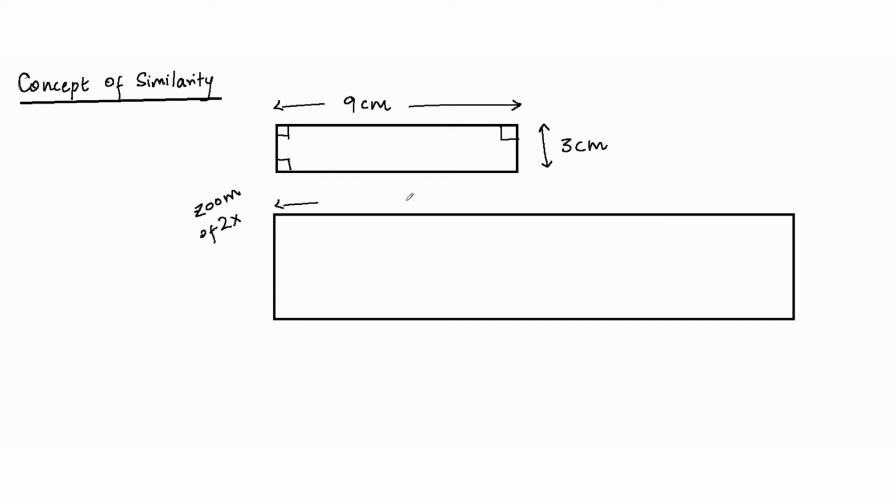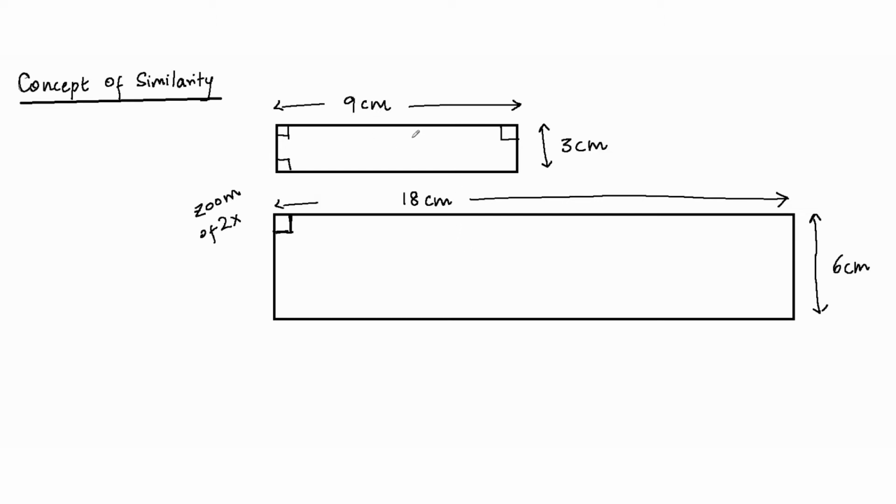That means all the sides are going to be doubled. That is, the length now becomes 18 centimeters and the breadth now becomes 6 centimeters. However, the angle of the original duster is 90 degrees, and the angle in the magnified image is also maintained at 90 degrees.